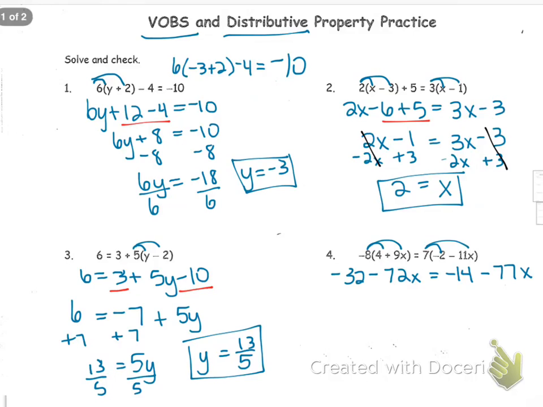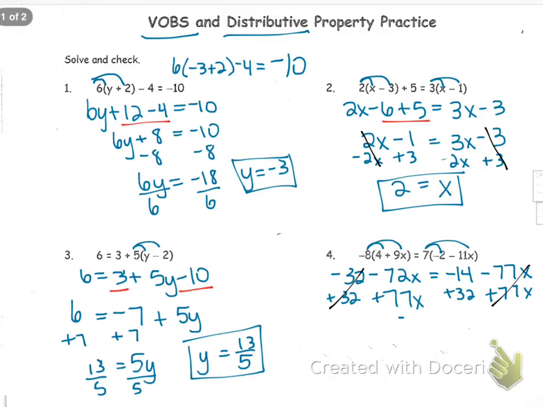So I'm going to add 32 and add 32. That gets rid of this. Then I can't move the 72 over because then I would have nothing left on the left. So I'm going to go over here to the right and add 77 and add 77x. So that makes the 77x's go away on that side.